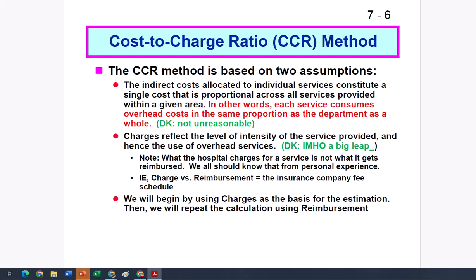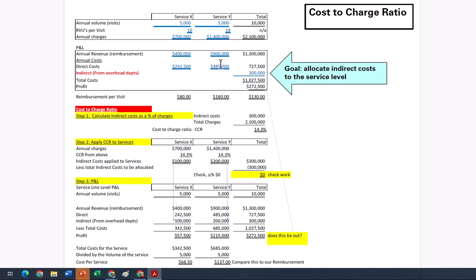So we'll go through the example just for the educational benefit of it, and then we'll talk about it a little bit more. Basically, we have our services, our RVUs, our charges, and our reimbursement. These are assumptions given by the problem.